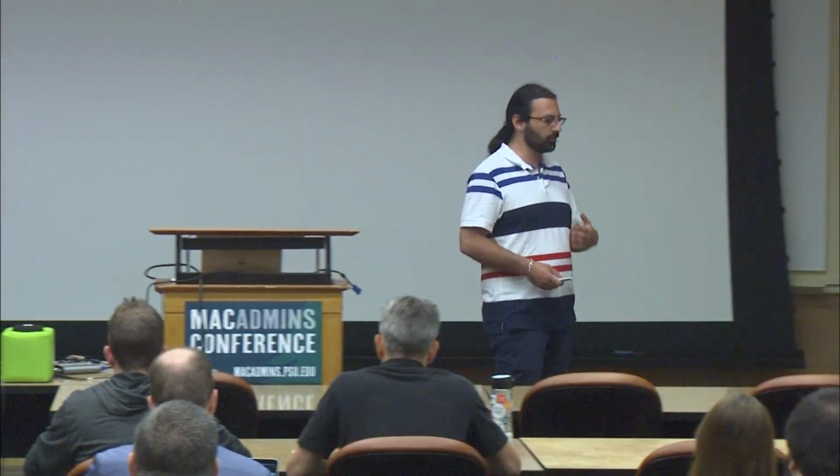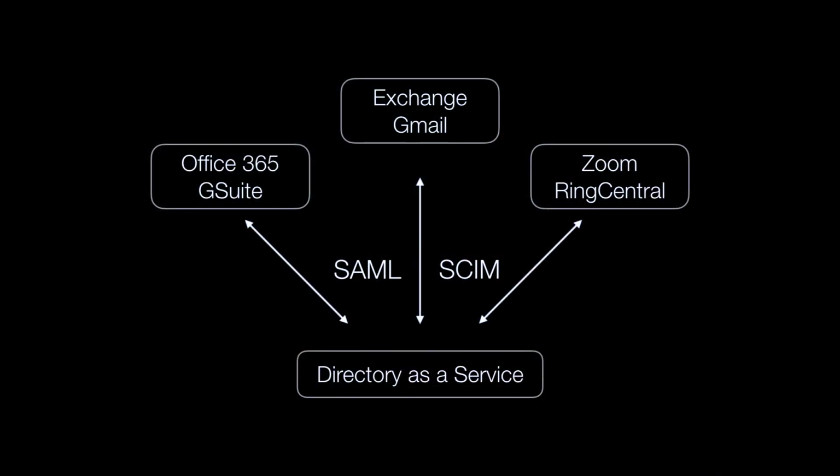And if you don't know those two protocols, I gave a conference this year on the first day about identity federation and identity management, and that was specifically dedicated to that part, to go more in detail about those new modern authentication and provisioning protocols.